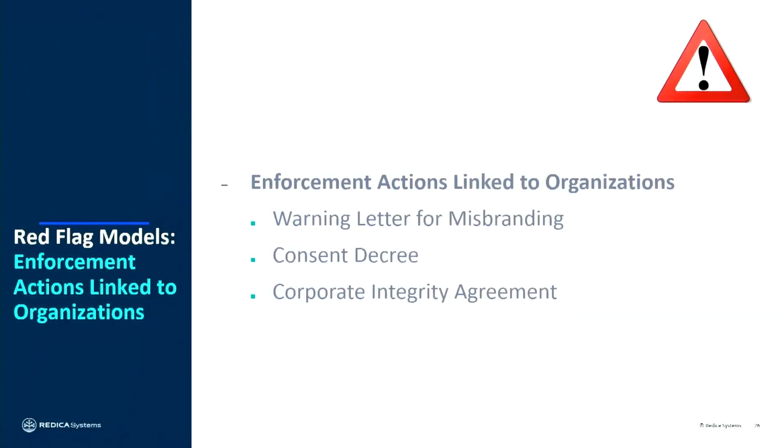Then you have enforcement actions linked to organization, right? So a site is guilty by association, being part of an organization. So if the organization gets a warning letter, for example, for misbranding or a consent decree or a CIA, that also tells you something about that particular site, potentially.